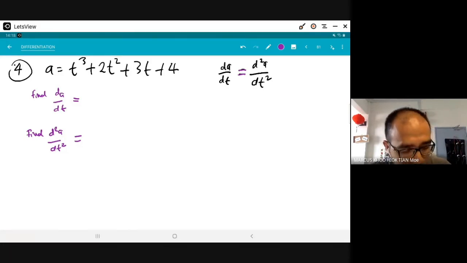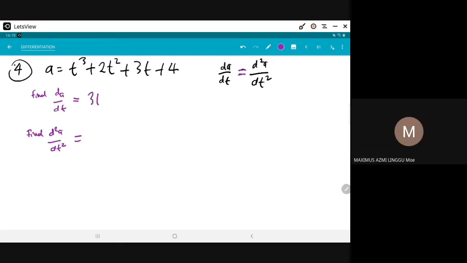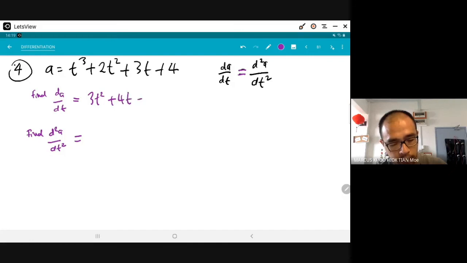Okay, Maximus, dA dt please. 3t squared plus 4t plus 3. And go ahead, tell me d2a dt squared. 6t plus 4.